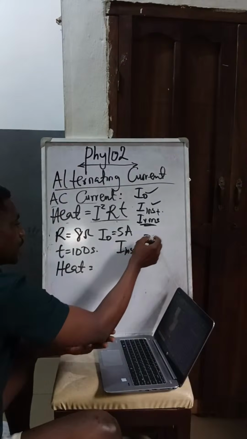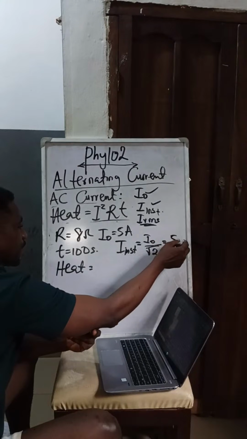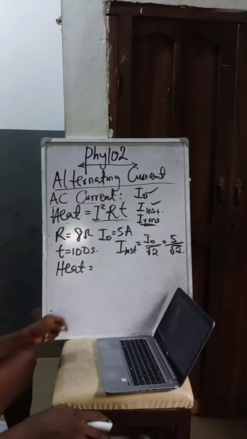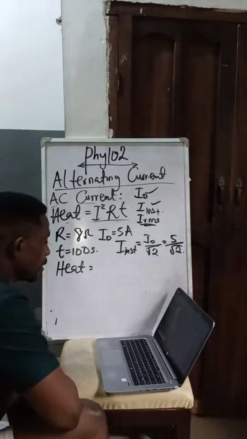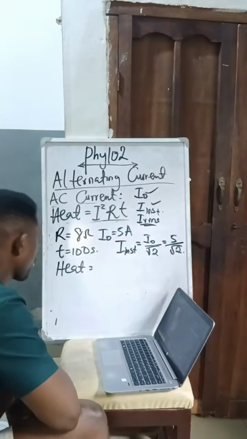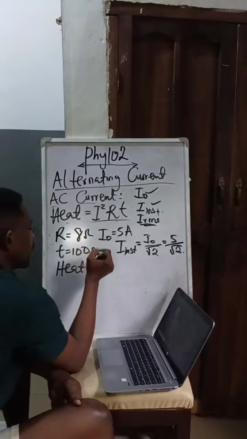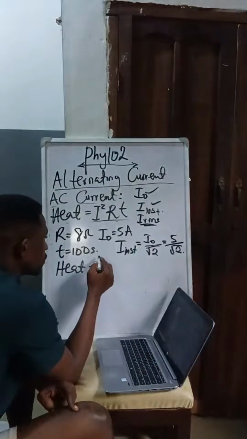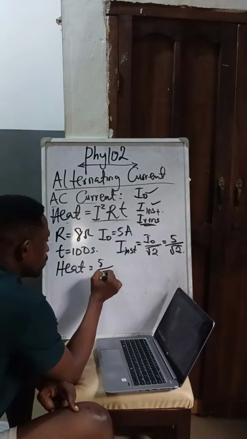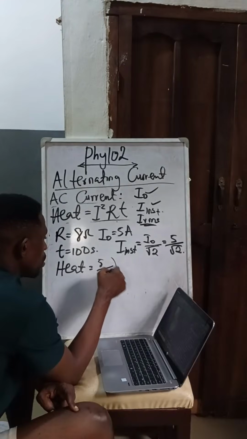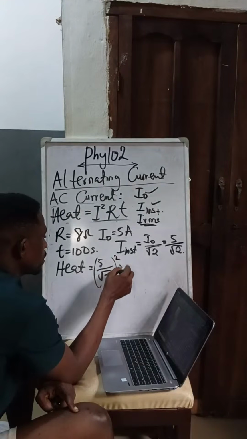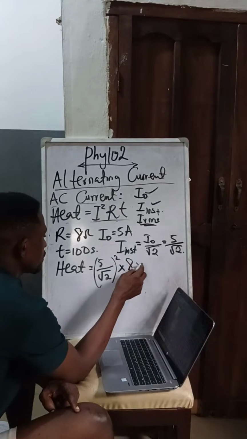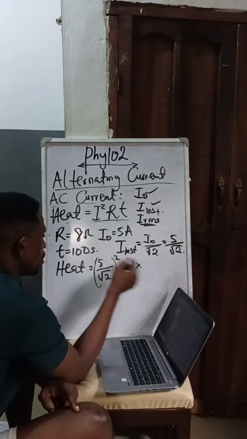And we already know that I naught is 5, so 5 over root 2. Okay, so we've already known the instantaneous current now. We are now going to apply it in our formula I squared RT. So 5 over root 2 all squared times R was given as 8 times T 100.